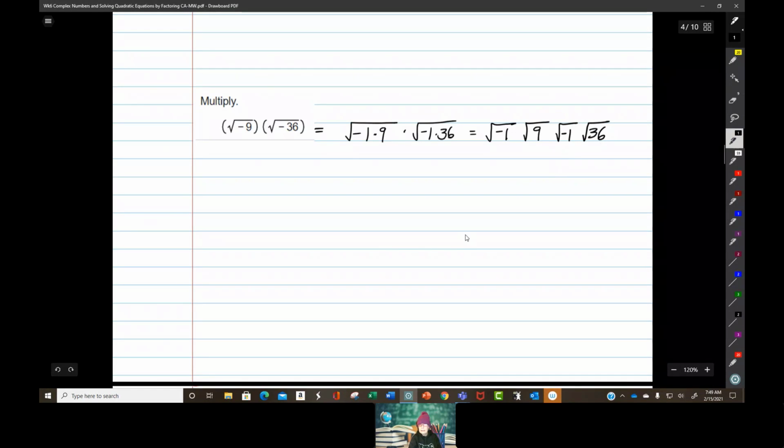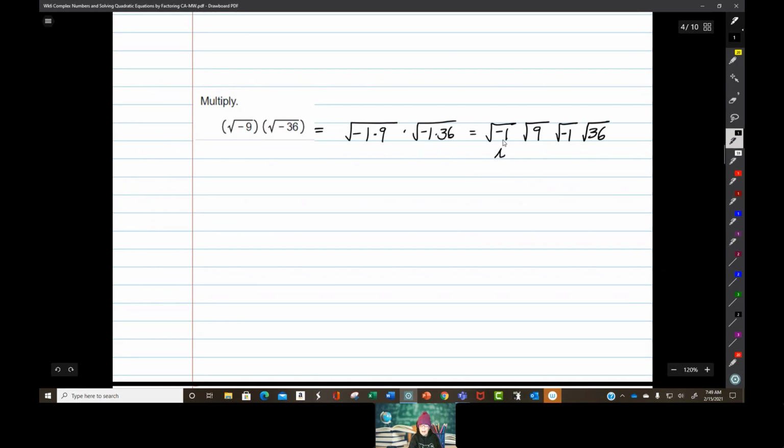So this is like those. Let's do this. We're going to have the square root of -1 times 9 times the square root of -1 times 36. And this is going to equal the square root of -1 times the square root of 9 times the square root of -1 times the square root of 36.